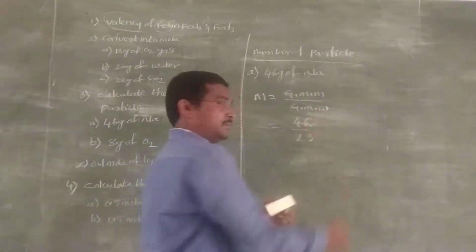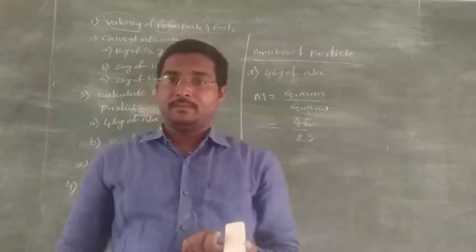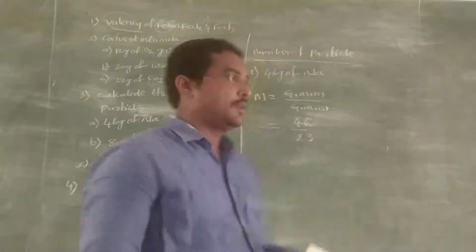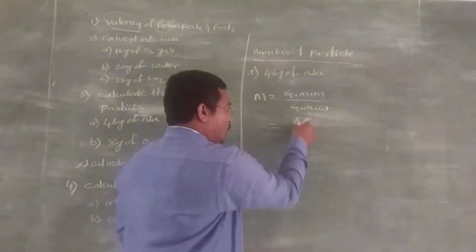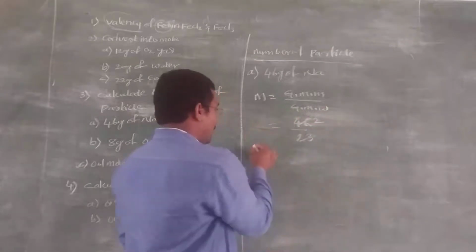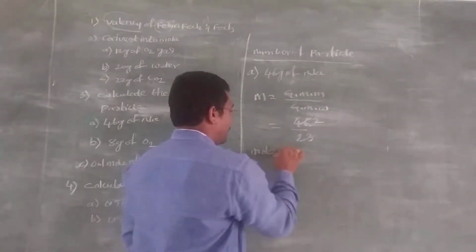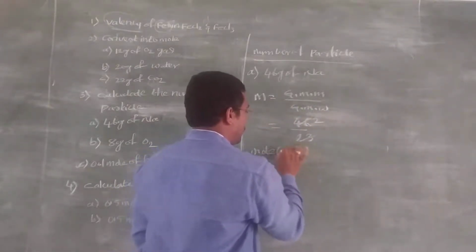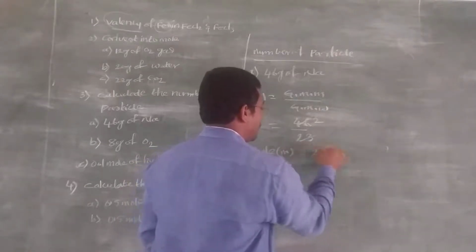The atomic number is 11, and the atomic mass is 23. So 46 by 23 is 2. Now mole is equal to 2 mole.